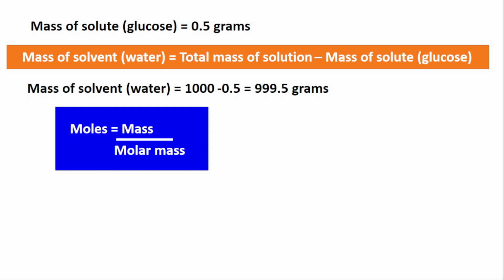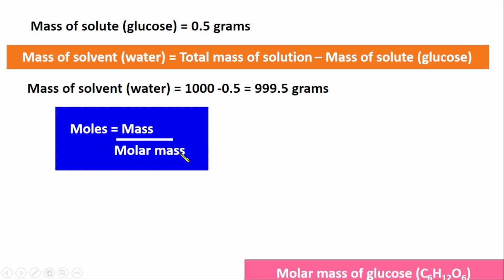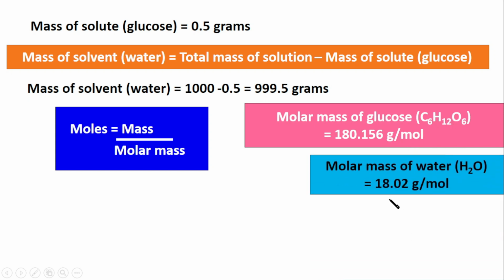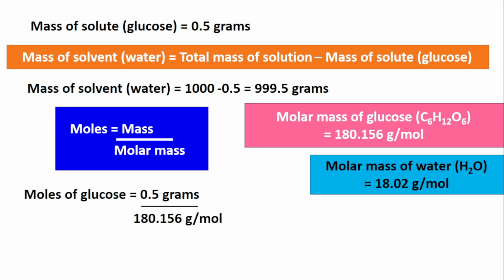Now the formula relating mass to the number of moles of a substance is moles equals mass divided by molar mass. You must recall that the molar mass of glucose, which is represented by the formula C6H12O6, is 180.156 grams per mole, while the molar mass of water, H2O, is 18.02 grams per mole, which means that the moles of glucose are its mass 0.5 divided by its molar mass, which is 180.156 grams per mole, which gives us 0.00278.